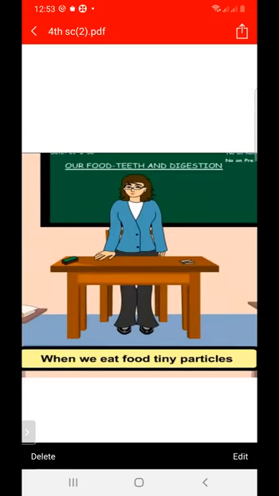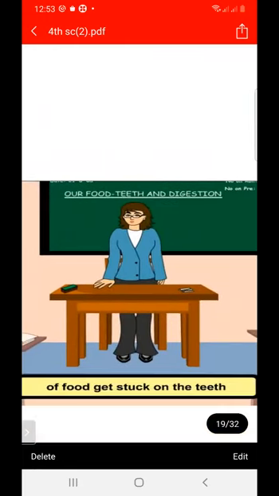When we eat food, tiny particles get stuck to the teeth. जब भी हम खाना खाते हैं जो छोटे छोटे पार्टिकल्स हैं वो हमारे दांत पे चिपक जाते हैं.